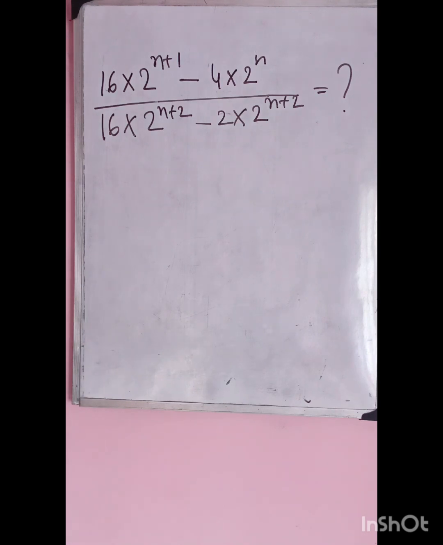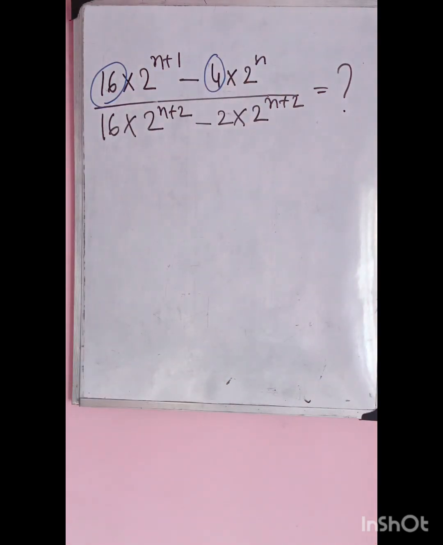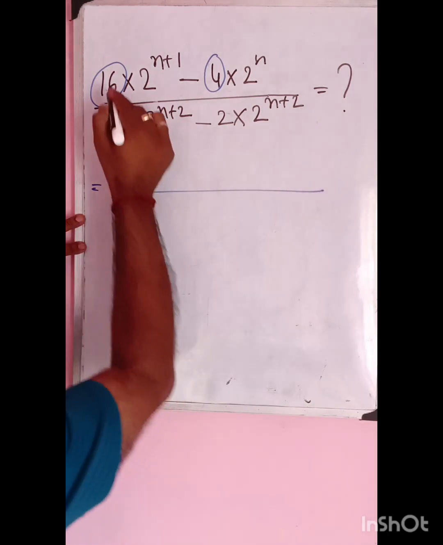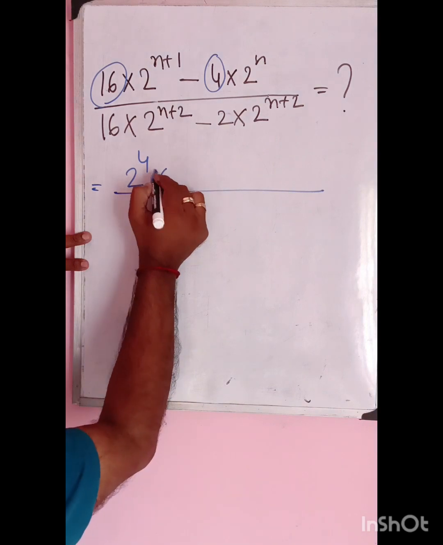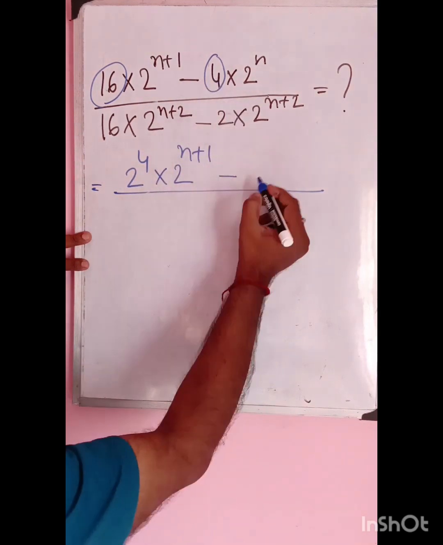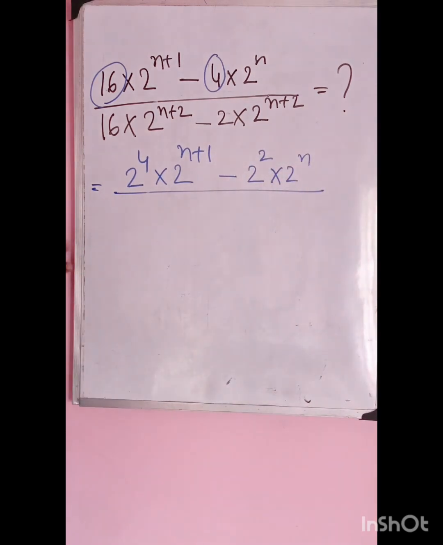You see, this 16 is a multiple of 2, 4 is a multiple of 2 and 2 is there. So let us take all the terms in 2's form. 16 means 2 to the power 4 into 2 to the power n plus 1, minus 4 means 2 square into 2 to the power n.